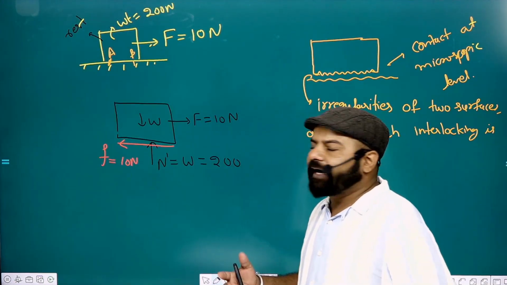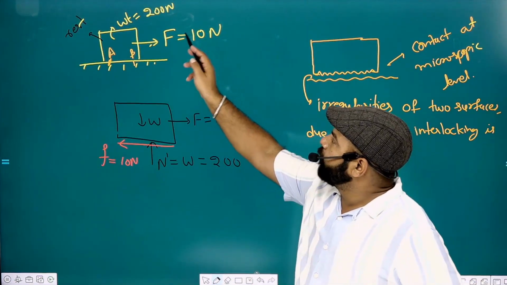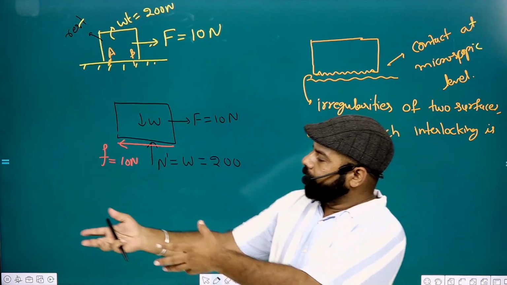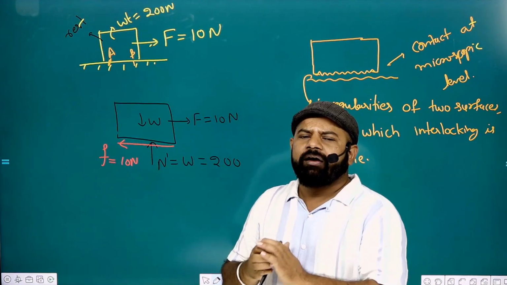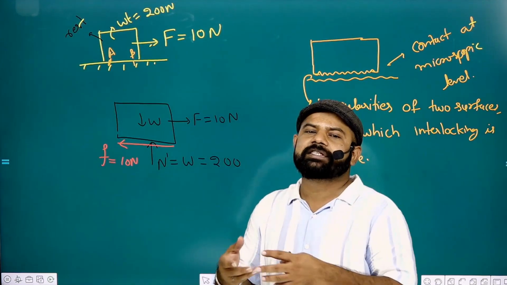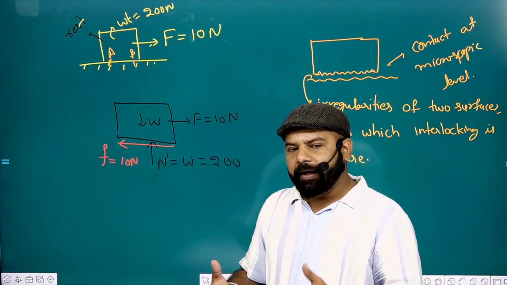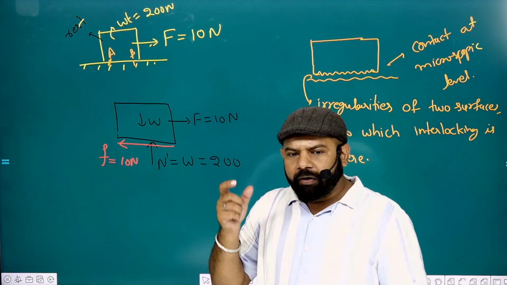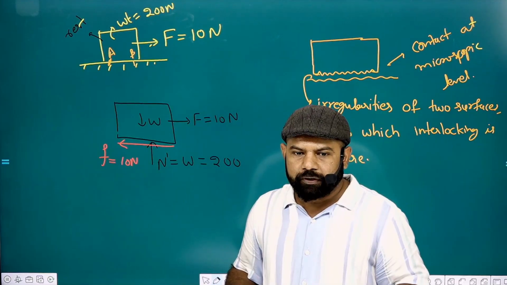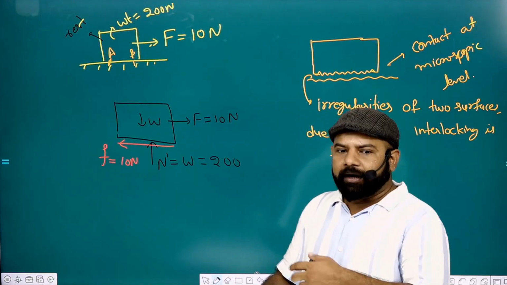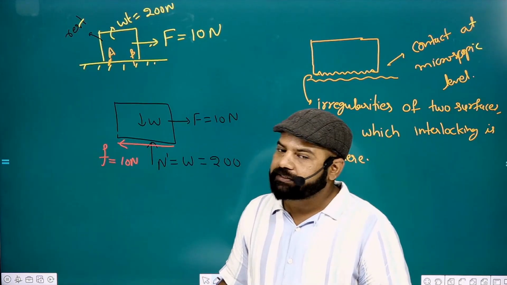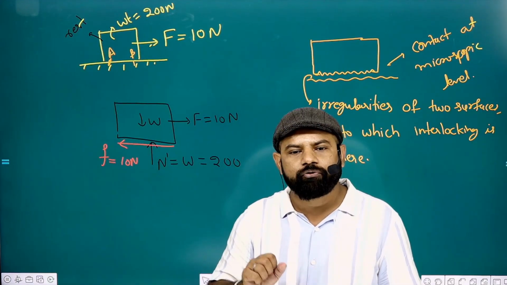Now in practical scenario, if we keep on increasing the magnitude of this force F, suppose we are pulling a table towards us, first we apply a very small force, then we increase that force, right? So what will happen? There comes a moment where that table is just about to move, or we can say relative motion is just about to happen, or we can say that table is at the verge of movement.